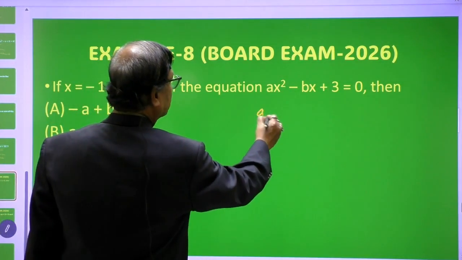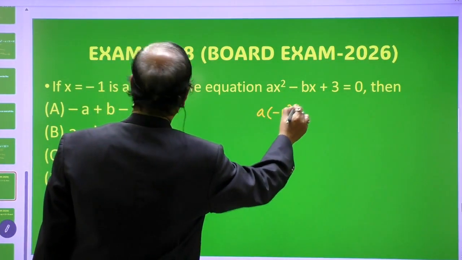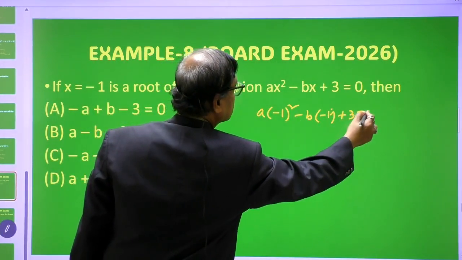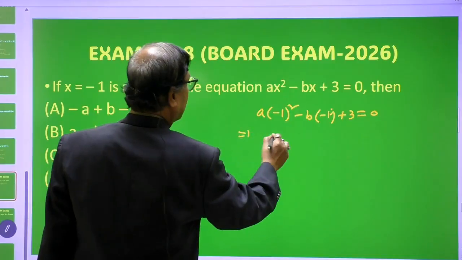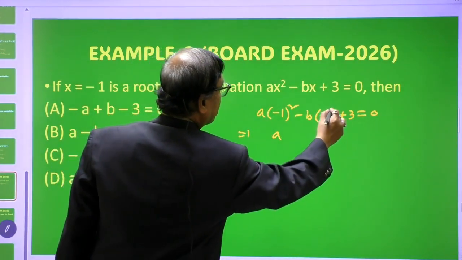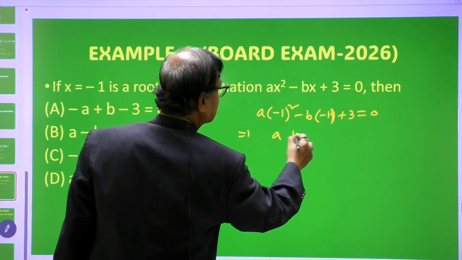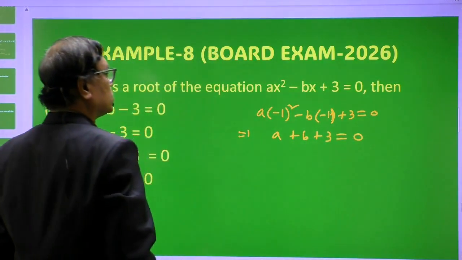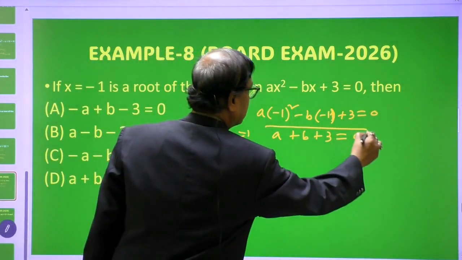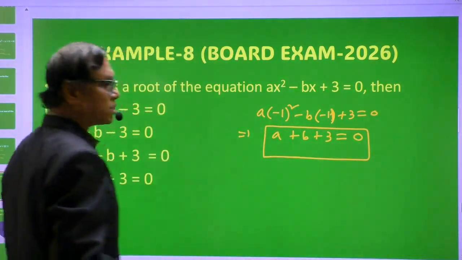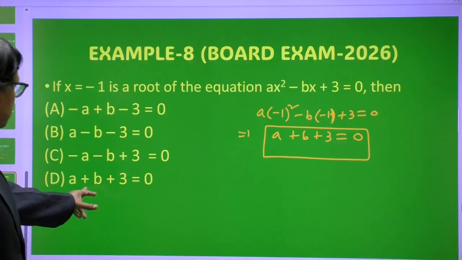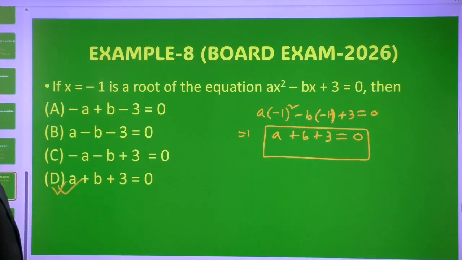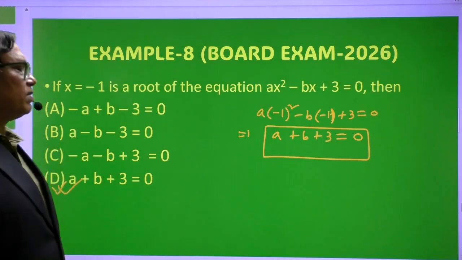That means a into (minus 1) whole square minus b into minus 1 plus 3 equals to 0. This implies a plus b plus 3 equals to 0. So we are getting this relation a plus b plus 3 equal to 0, and it is matching with option D. So option D is the right answer of this question.